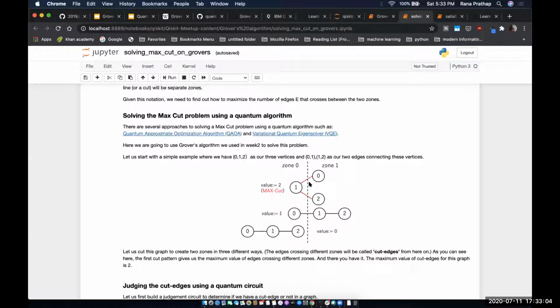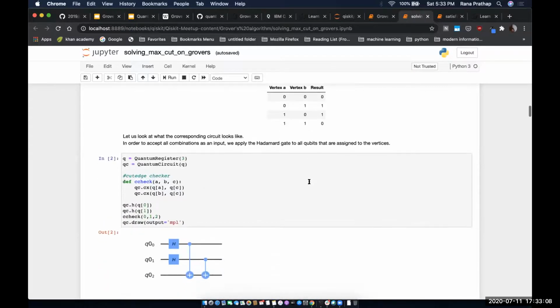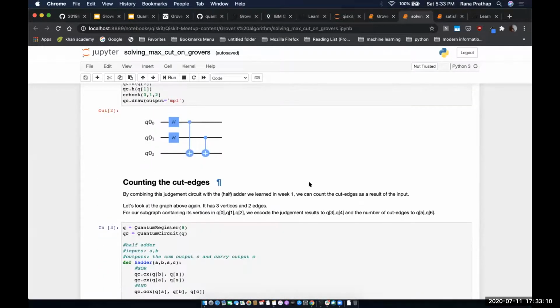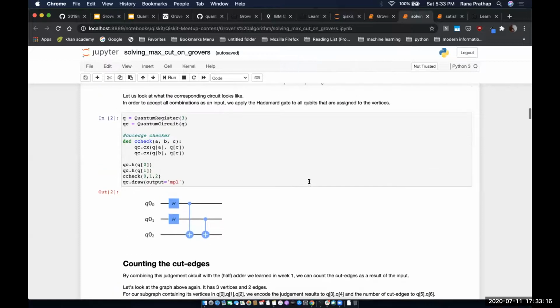First thing would be encoding this problem on the computer, right? So for doing that, what you do is you're counting the number of cut edges. This specific circuit over here, first it'll basically put it in an equal superposition, and then you'll get a 1 in the third qubit whenever only one of them is 1.